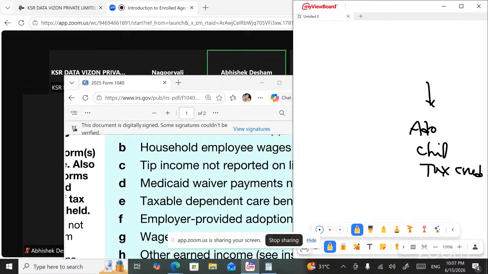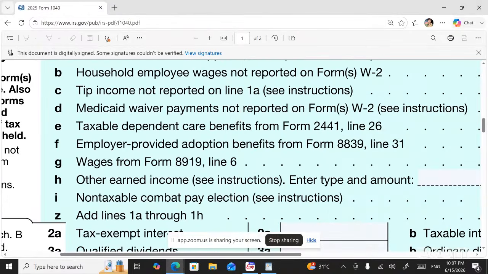So this is another type of benefit, type number 2. Type number 1, the employer benefit given to the employee, is covered at this point, 1F, employer provided adoption benefits. Then we have to attach form number 8839.